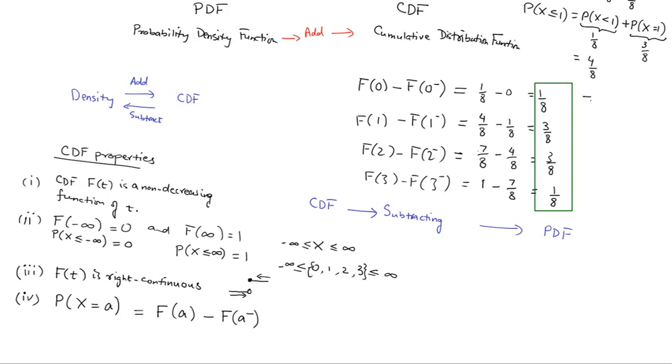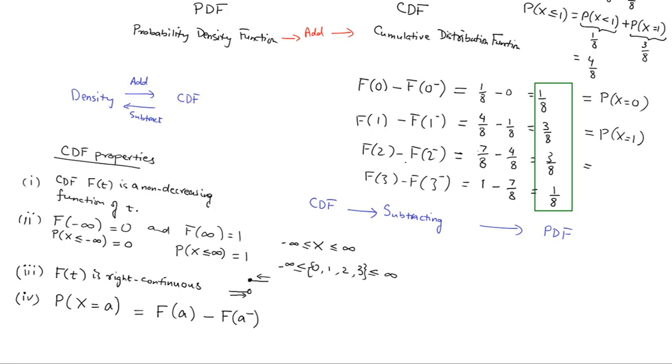Because this thing that you had over here, wasn't it probability of X equals 0? And wasn't this probability of X equals 1? And notice what you had here, capital F of 0 minus capital F of 0 minus. You had CDF of 1 minus CDF of 1 minus gives you probability of X equals 1.